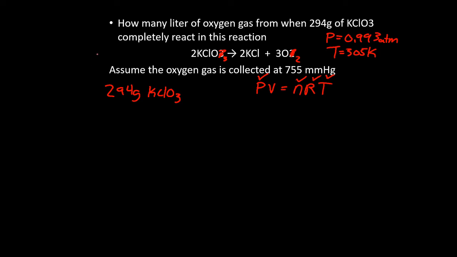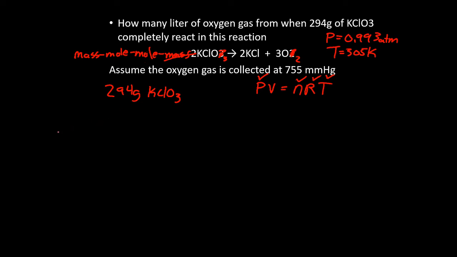In the examples we did in the previous chapter, we would usually do a mass to mole to mole to mass conversion, but in this case we're actually only going to go to that second number of moles. We actually don't need the mass of O2. We just need the number of moles of O2.